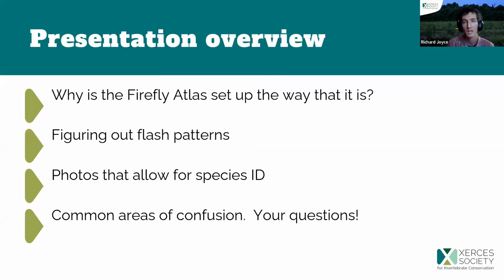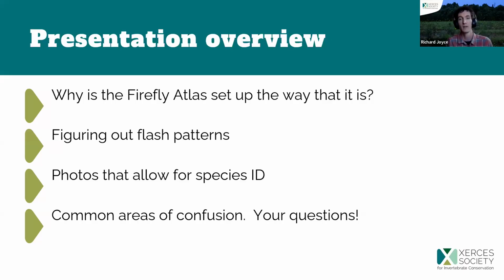Today's webinar has four main topics. First, I'm going to give an overview of why the Firefly Atlas was designed the way it was, with comparisons to some peer projects and an explanation of some of the unique aspects of Firefly community science. Next, and this will be the beefiest section, we're going to talk about Firefly flash patterns.